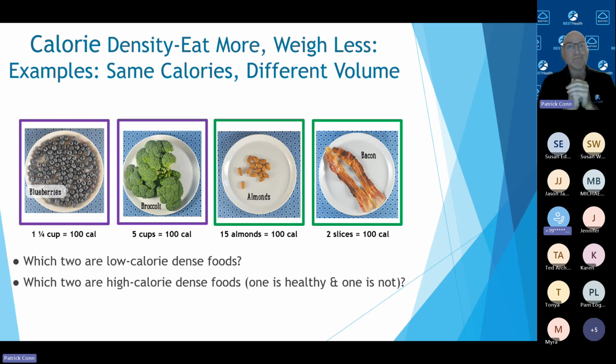Now, the bacon has a lot of harmful saturated fat, a lot of cholesterol, and a lot of calories when you base it on the weight or the volume of food. Yes, Miss Pam, she is killing it. Good job. So those are examples of the same calories but a different volume of food.